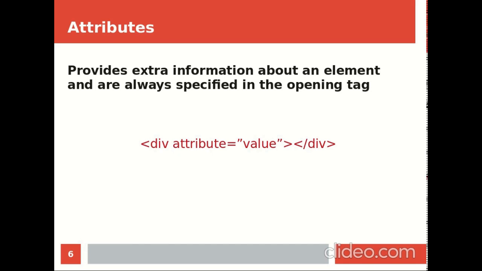Now in the opening tag we are writing attribute equals to value. In place of attribute we can write anything which is obviously a part of HTML. You cannot write randomly, but just to explain, we are writing something and along with the equals sign we are writing the value.